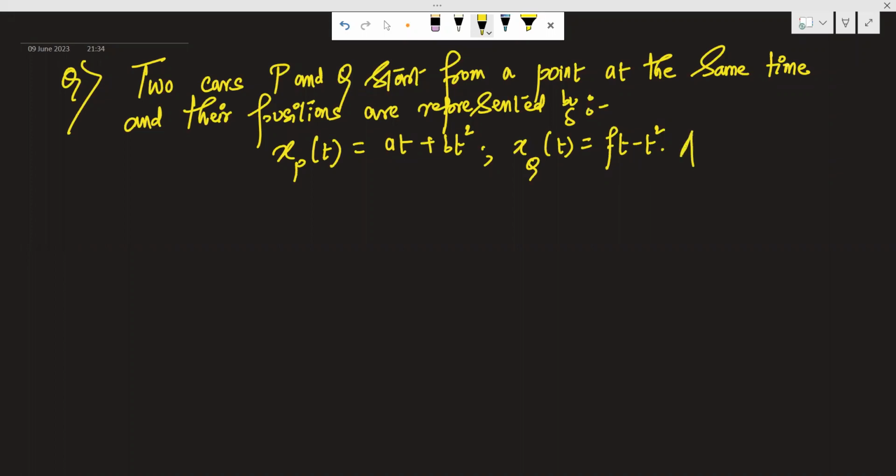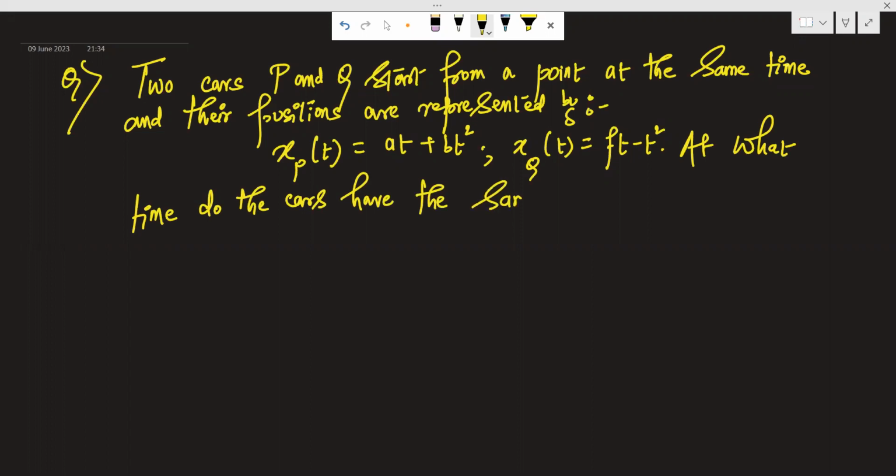The question is, at what time do the cars have the same velocity? At what time do the cars have the same velocity? ঠিক আছে?